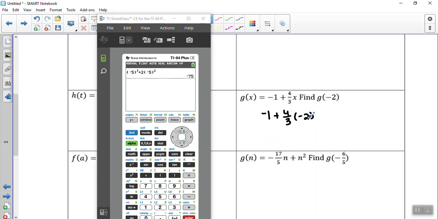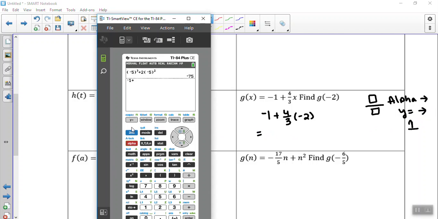-1 plus 4 over 3 times -2. Okay, so if I'm just going to put this in my calculator, you have -1 plus, and then to do the fraction, if you want to have this neat fraction bar in your calculator, you can do that by just pressing alpha, then y equals, and then press the first one. Let me show you what I did.